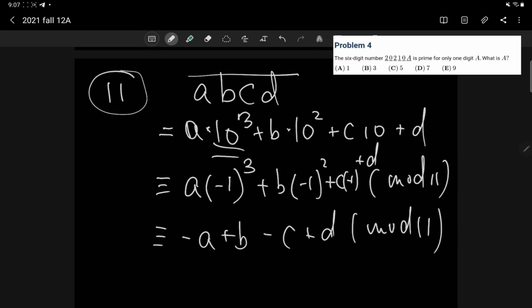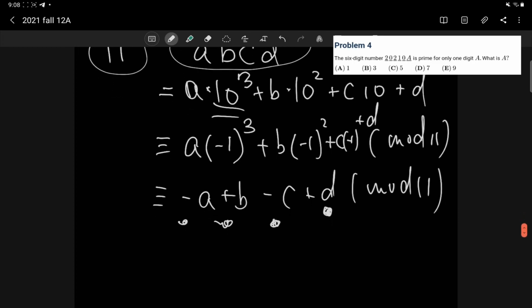So as you can see, a number divisible by 11 can be tested by alternating the signs of the digits. You start from the last digit, which is positive d, then negative c, positive b, and negative a. You see the pattern here, and this rule can be easily extended to other numbers of digits.